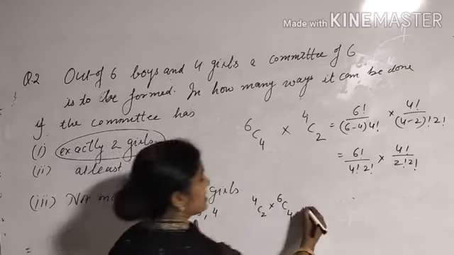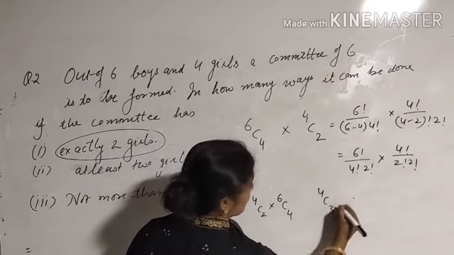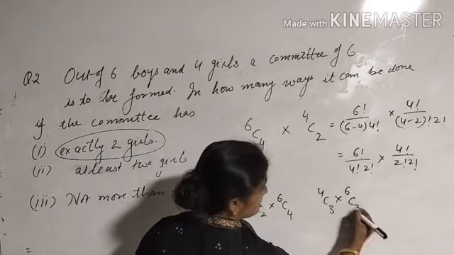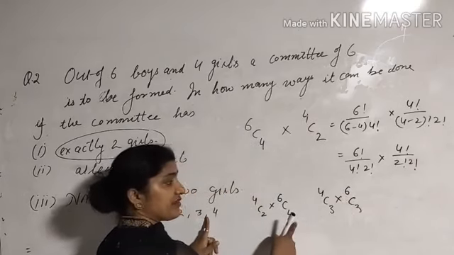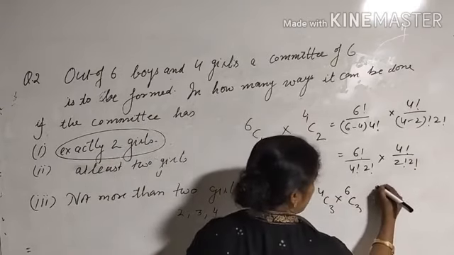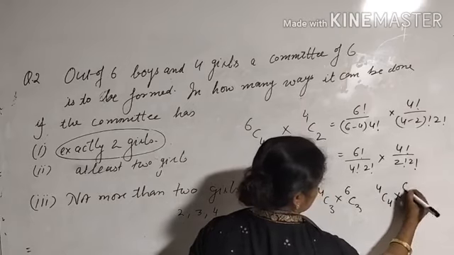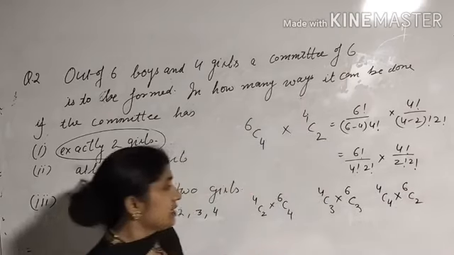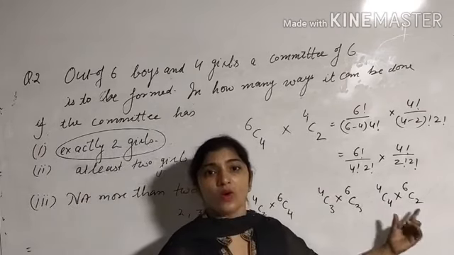For 3 girls, the number of cases is 4C3 into, since the committee must have 6 candidates, if girls are 2, then boys are 4. If girls are 3, boys are 3. If girls are 4, then boys are 2. Okay. So the number of arrangements, these or these or these.